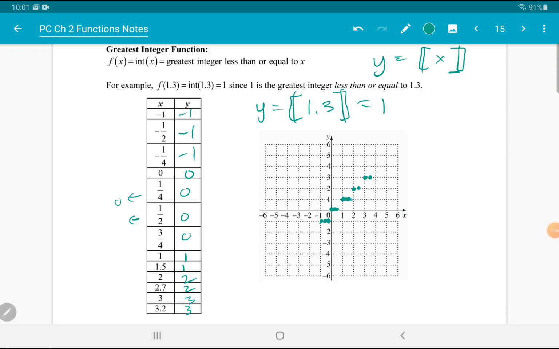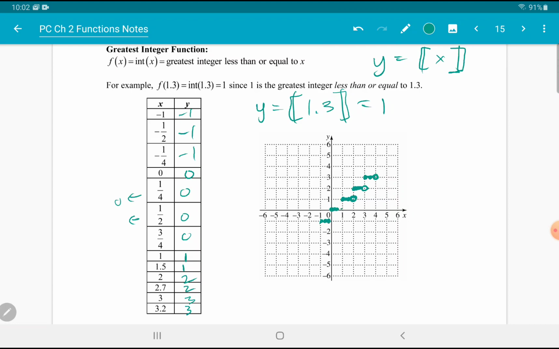So at 1.9, we're at 1 still, but once we reach 2, you can't include the value of 2, so we're going to give that as an open circle, saying 2 is not part of this value. So what you create is what's called a step function, where it has a closed interval at the starting value and an open interval at the ending value of each of those steps, because you don't want to include that next integer.